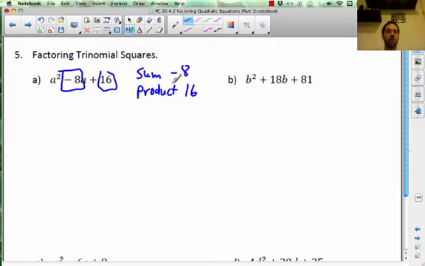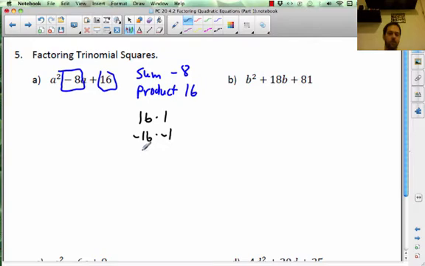Now there's an infinite number of combinations of numbers that add up to minus 8. So we don't want to start by just randomly selecting two things that add up to minus 8, like minus 5 and minus 3, because it doesn't make sense to choose two things that don't multiply together to give you 16. Now 16 has a finite number of factors. There's only a certain number of ways that 16 can be written. 16 times 1, or minus 16 times minus 1.